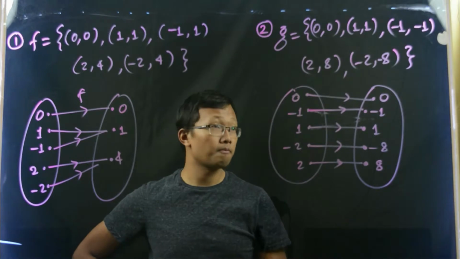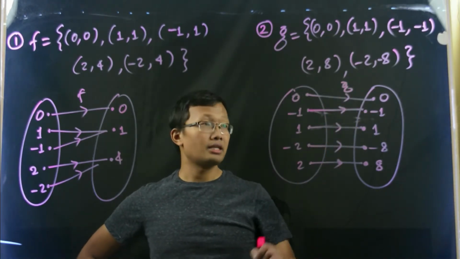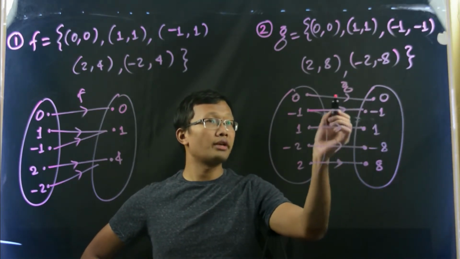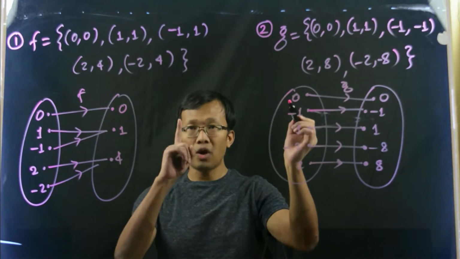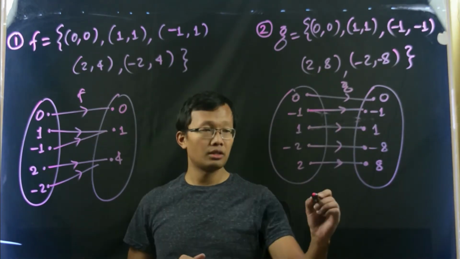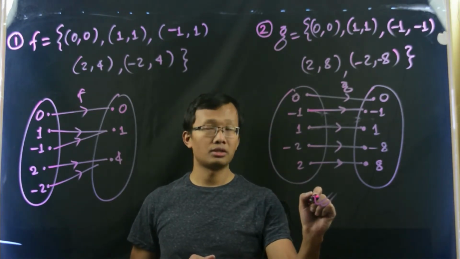Right, so that's it. So this is g. Now clearly you can see that in this function each output corresponds to exactly one input. For all of these you can see that. So this function is one-to-one.